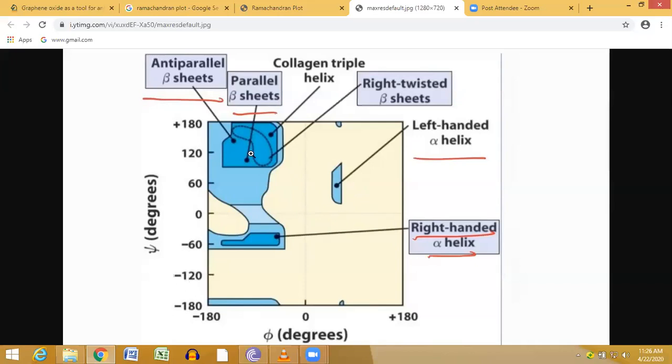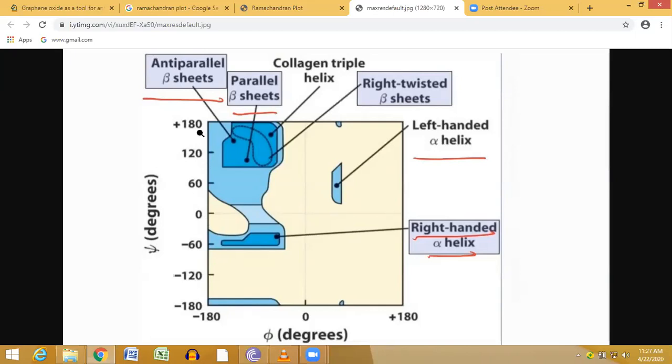But in the actual Ramachandran plot, it's better to take 180, 180. Why? Because here each angle is taken over 360. Phi is a special type of angle, psi is a special type of angle, each a separate angle. So Ramachandran has assumed that each angle can vary on its own over the total rotation of 360 degrees.